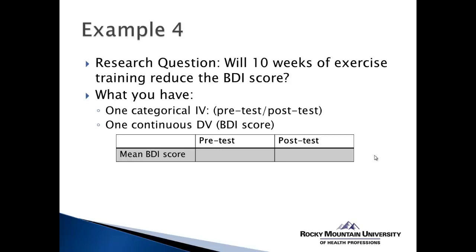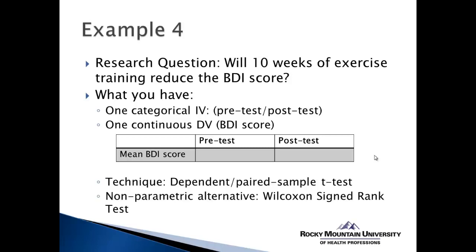In other words, it's the same people being measured twice. So using that criteria, we would choose the dependent or paired sample t-test to compare these two groups of scores. If we didn't meet the assumptions of this test, the non-parametric alternative is the Wilcoxon signed rank test.